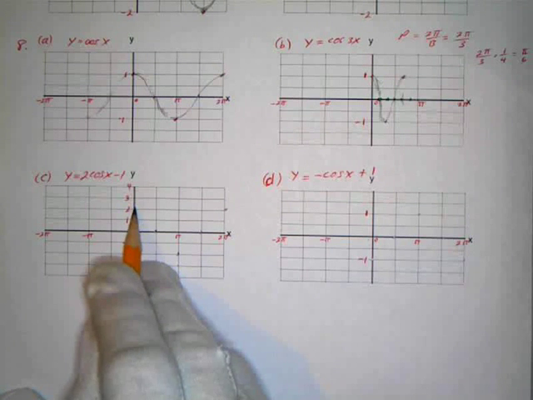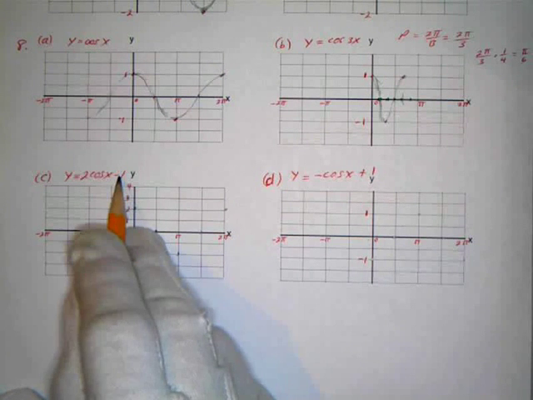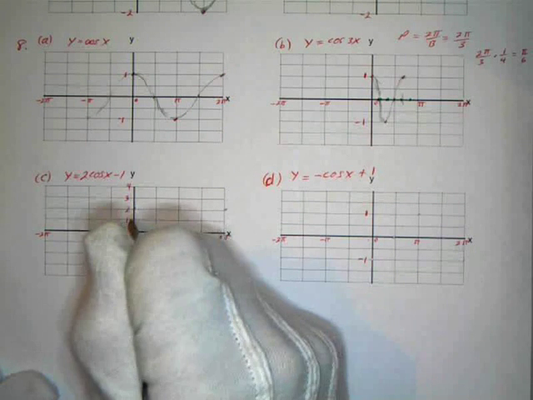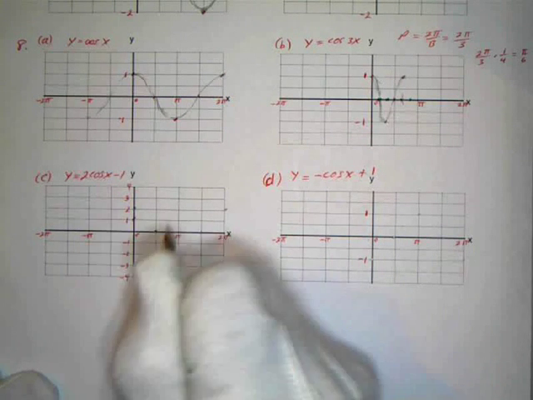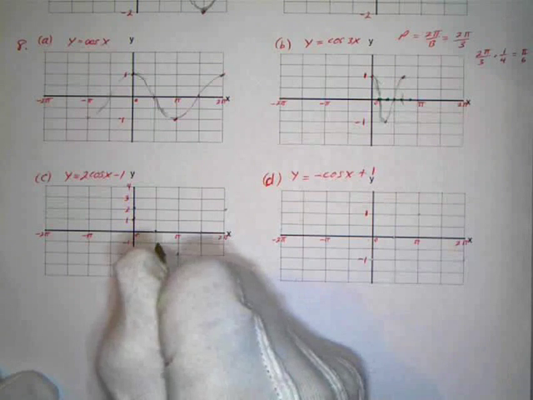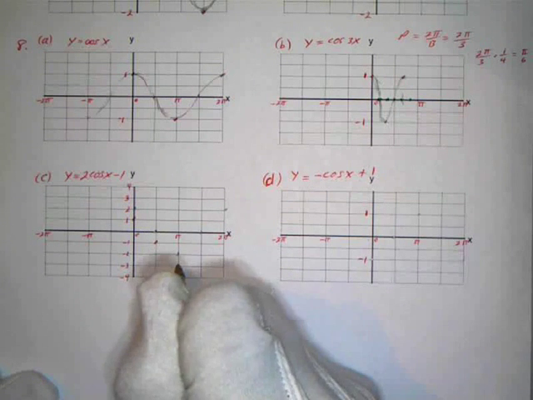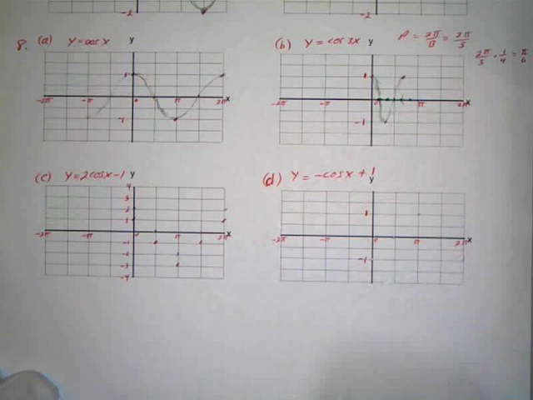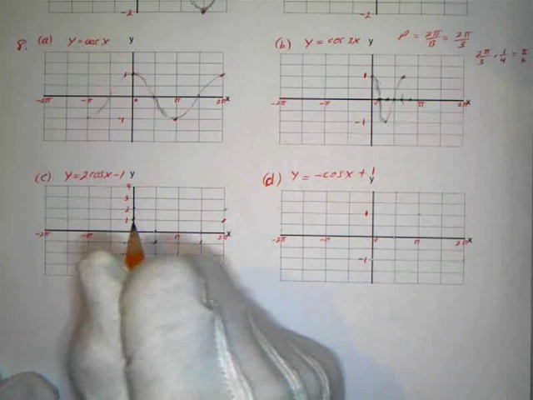But now I'm going to have to shift this down 1 because it's -1. So all I do is take each point and I go down 1. Start here, I go down 1. Go here, I go down 1. Here, go down 1. Here, go down 1, and here, go down 1. Those are the points I use. So it goes like this.